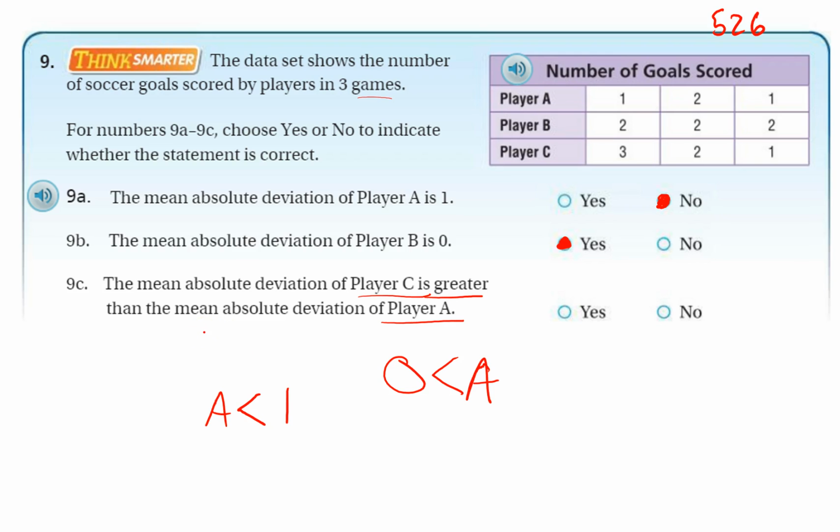Let's check player A again. What was it? 0.33, 0.67, and another 0.33.